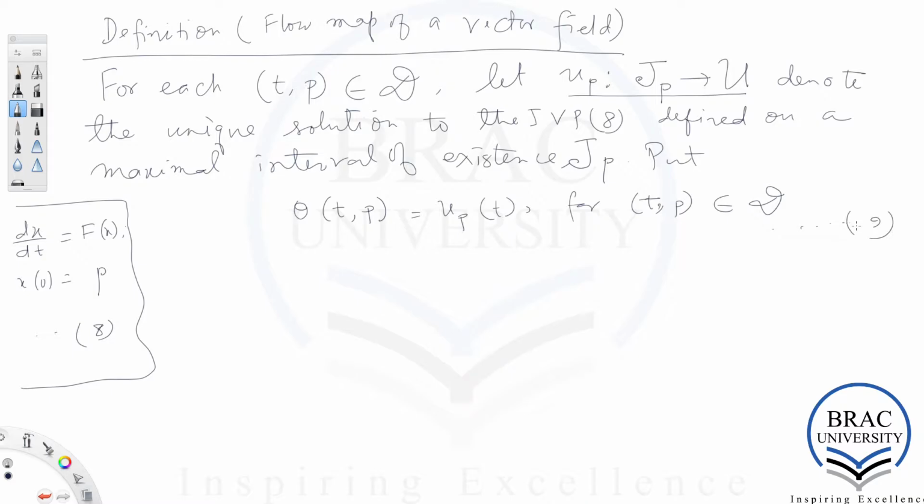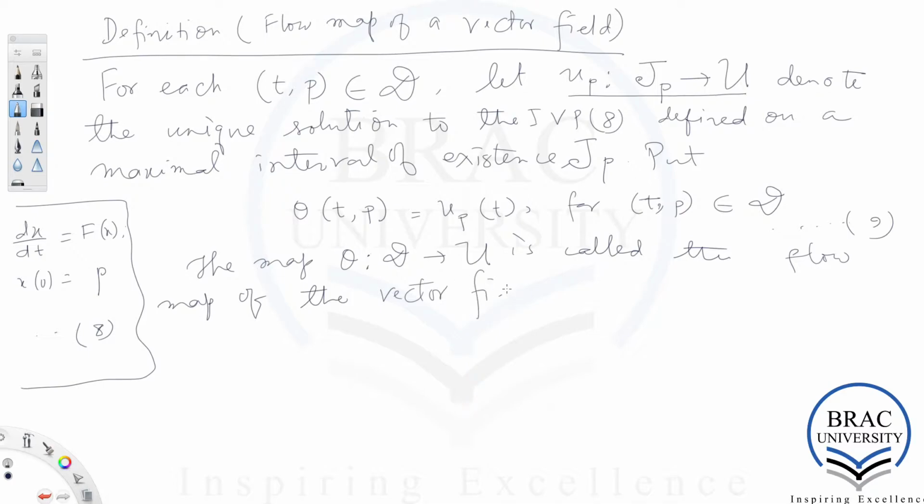Okay, this map theta from calligraphic D to big U is called the flow map of the underlying vector field f.